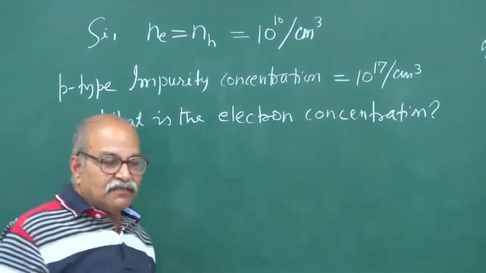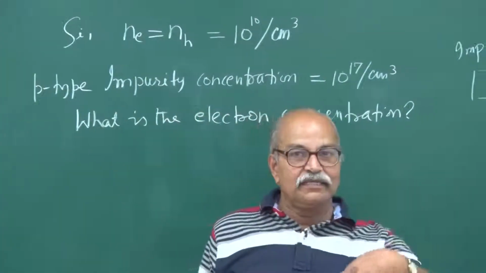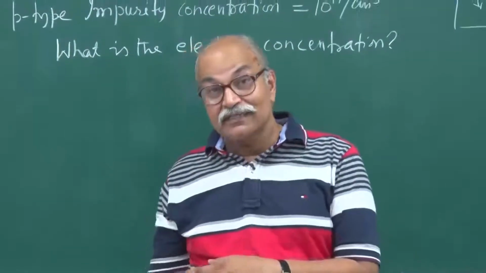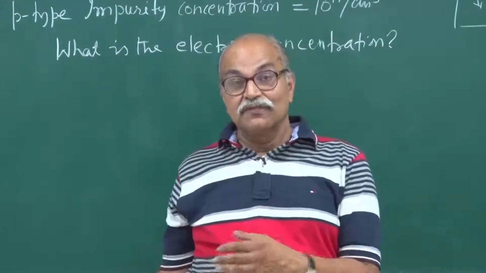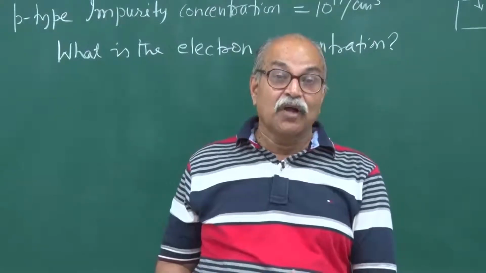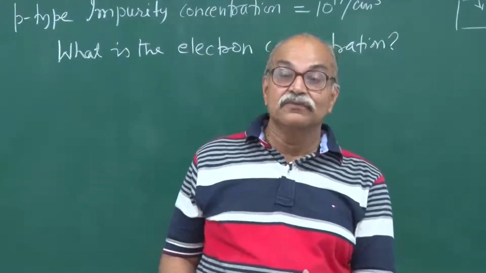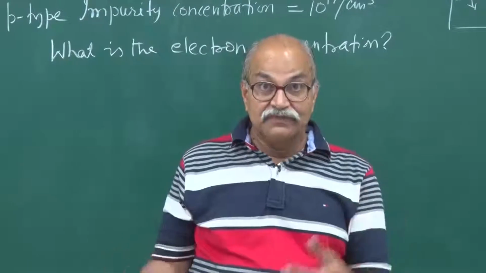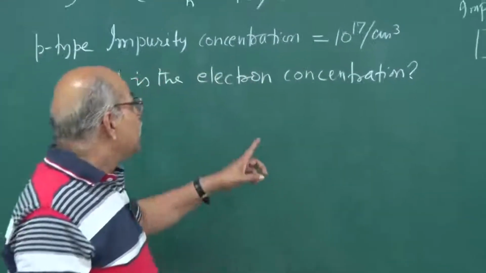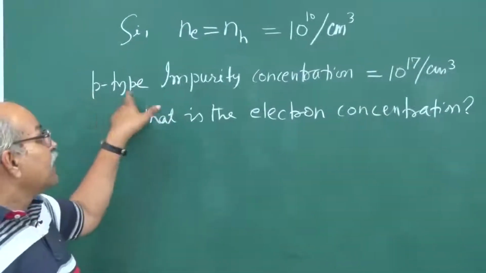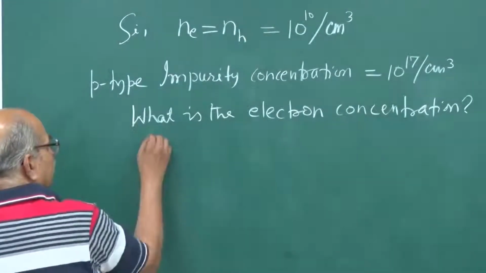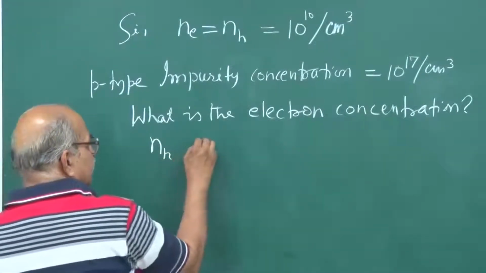So you remember when we dope a certain impurity, the other carrier concentration goes down because of increased hole-electron recombinations, and the product of the concentrations of those two types of charge carriers remains the same. So if I am doping a p-type impurity, then definitely the hole concentration Nh is increased.